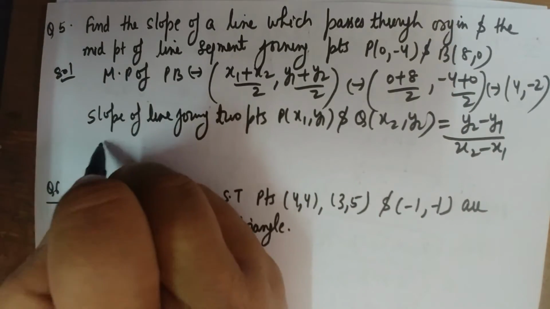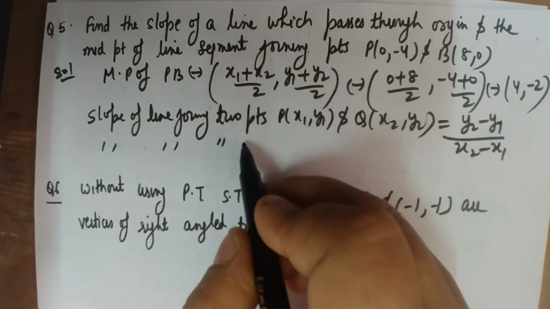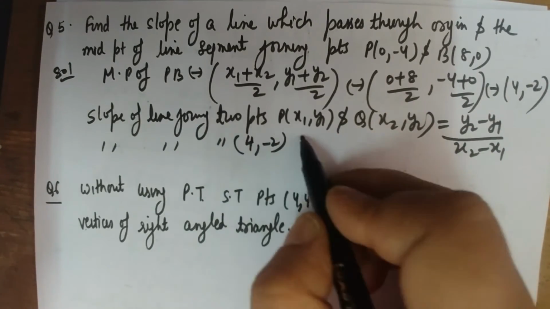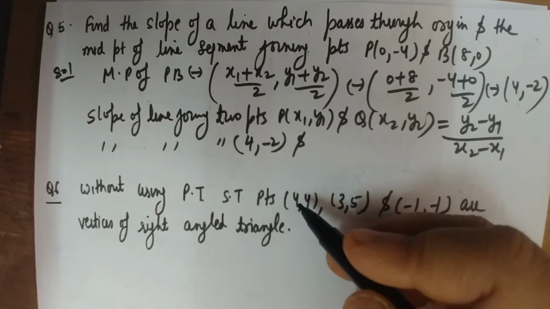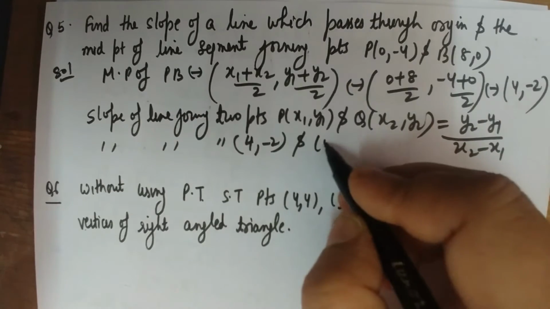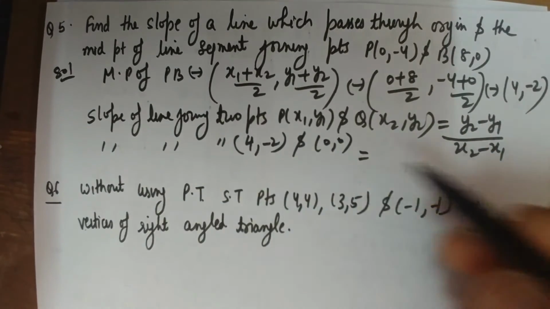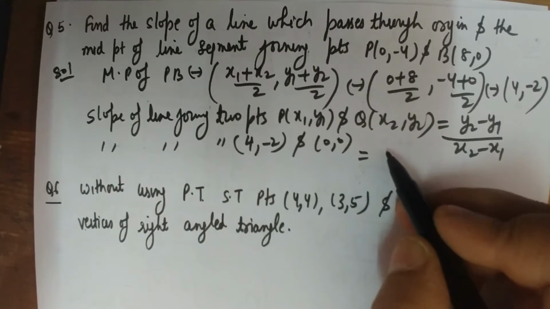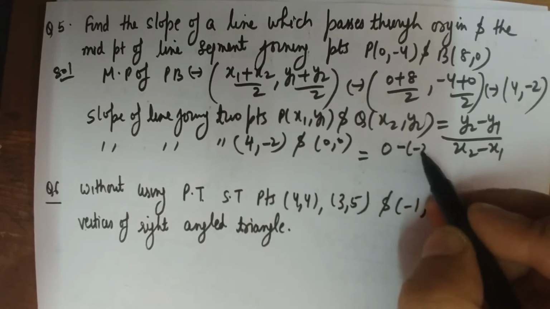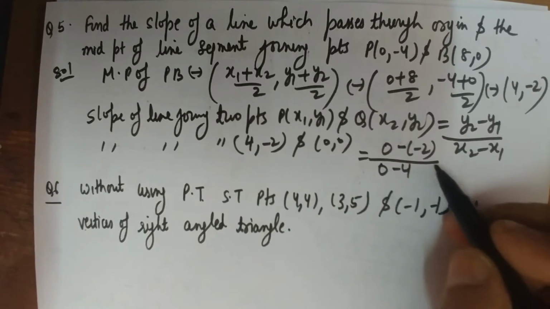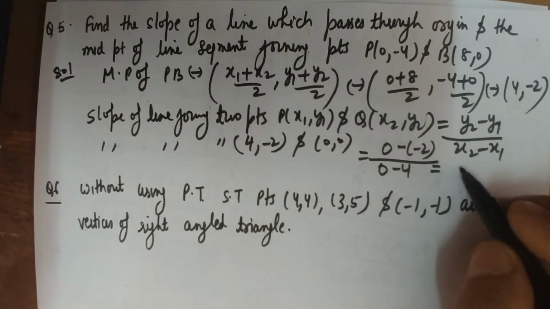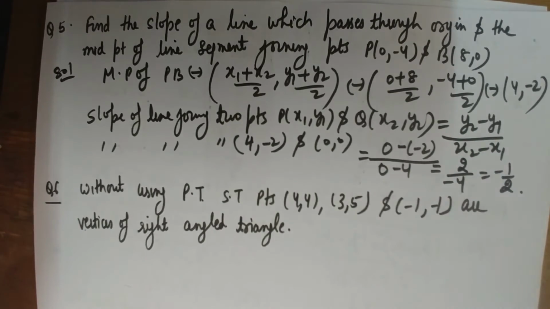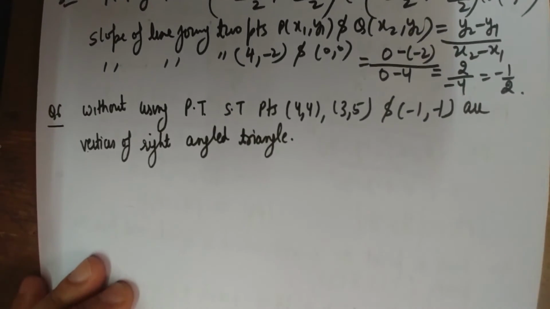So here the slope of the line joining the two points, (4, -2) and the origin, I can take any as x1, y1 and the other as x2, y2. If I'm working it out this way, it will be 0 minus -2 divided by 0 minus 4. So this is 2 by -4, that is minus half. So minus half is the correct answer.